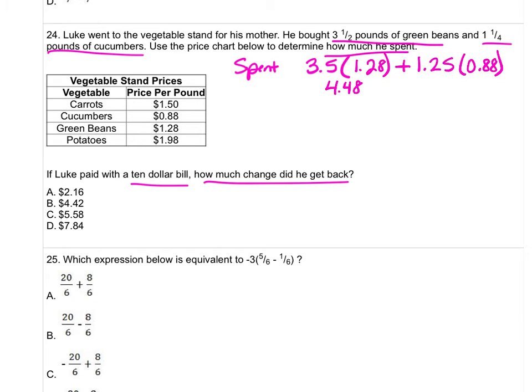So we multiply 3.5 times 1.28, and we get 4.48. We can also multiply 1.25 times 0.88, and we get 1.1, which in money would be $1.10. So he spent $5.58.